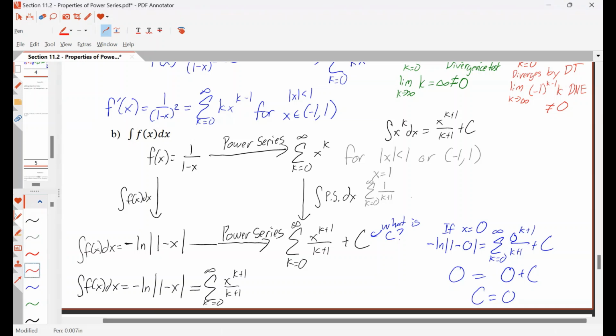This is going to diverge by a comparison test with the series 1 over k. I'm going to leave that as something for you to try. But we can use the limit comparison test.